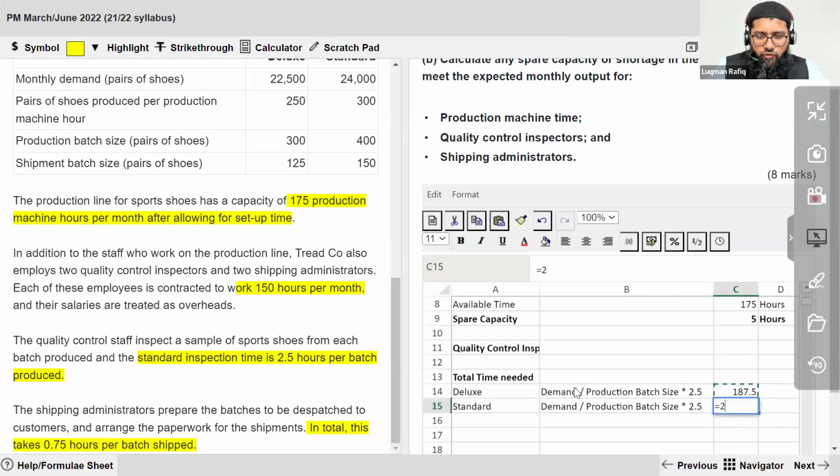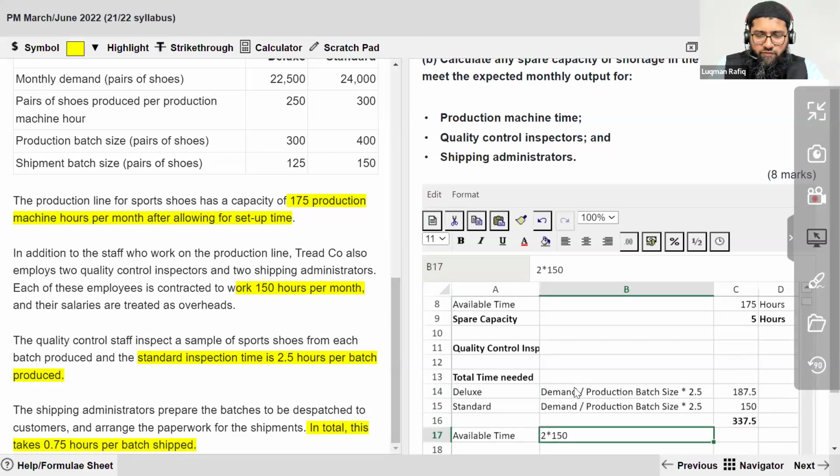Here it is 24,000 divided by 400 multiplied by 2.5. Hence, this is going to be 337.5.